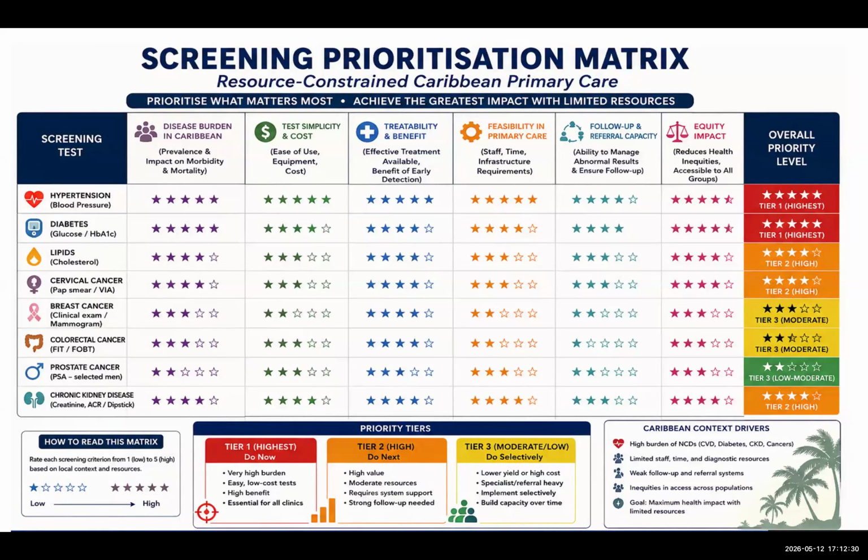Overall, this matrix emphasizes that screening decisions should not rely solely on disease importance, but clinicians must consider the simplicity of testing, the availability of treatment, affordability, staff capacity, and the ability to follow up with abnormal results. This allows our Caribbean primary care systems to focus limited resources on interventions that are most likely to improve population health outcomes.